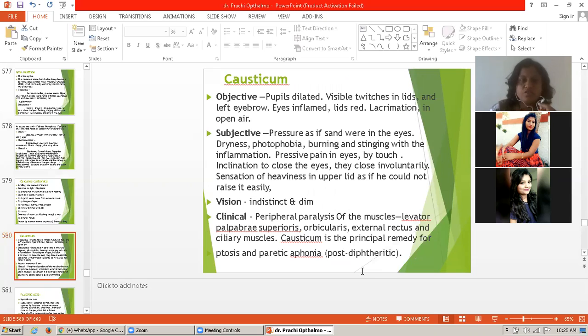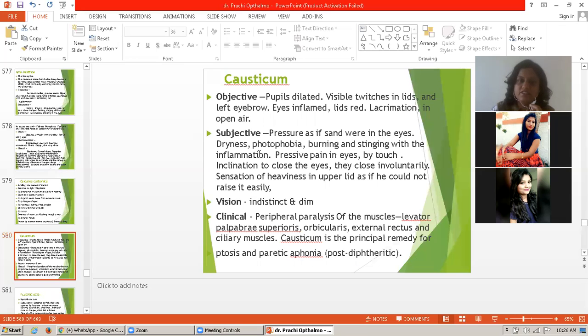Next remedy is Causticum. Causticum patient shows objectively that what we see in the patient is pupil dilated, visible twitches in the lid and left eyebrow, with the eyes inflamed, lids red, there is lacrimation in the open air. And subjectively, the patient feels that there is a pressure as if sand were in the eyes.